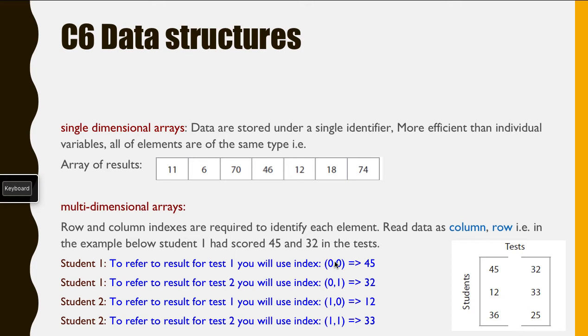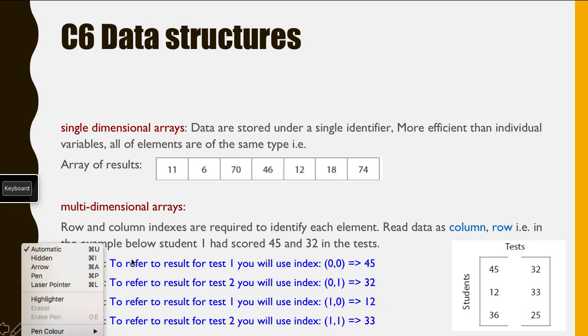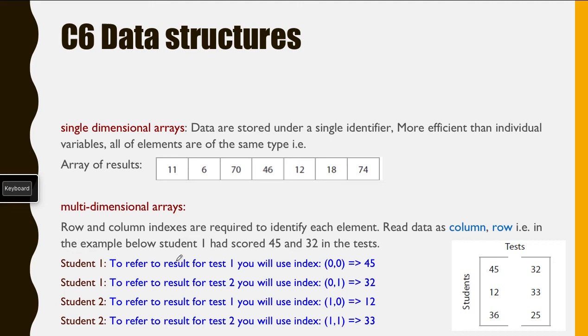So in this case, let me just get a pen perhaps from here. Assuming I had an array called student data, or let's just call it student. Sorry about my poor writing skills on a trackpad.